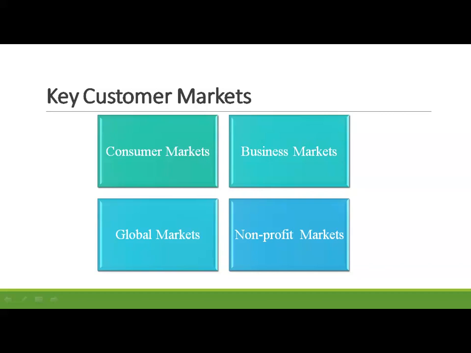Now, as far as the key consumer markets are concerned, the business to consumer market, the B2C market, can be divided into four parts: consumer markets, business markets, global markets, and non-profit markets. Now we will start with B2C, that is, consumer markets.